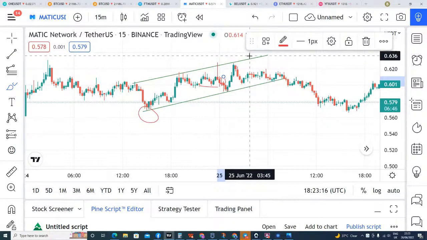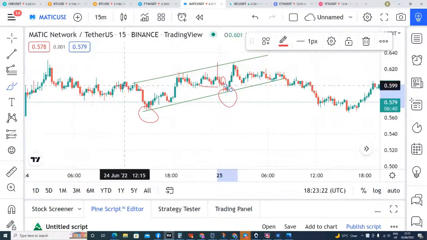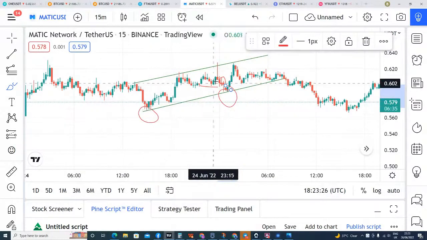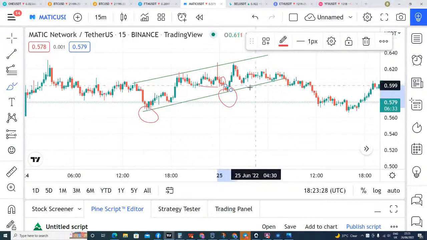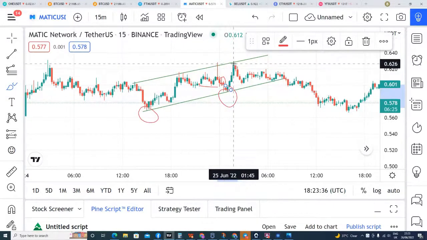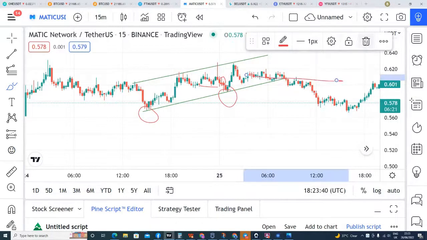The price was still in this area. Then I drew the upper one, and I touched the lower one. When I drew this one, I said to myself that I'm longing Matic from here, and I'm placing my target at the top. Remember, this one has not formed then.